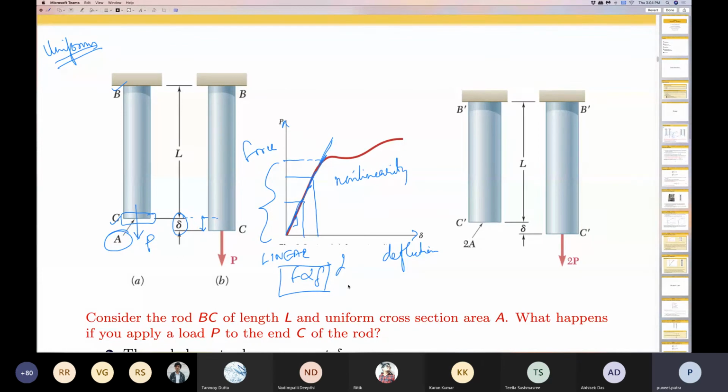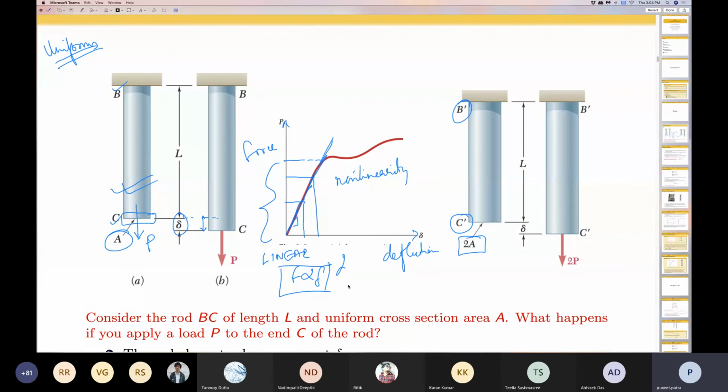For example, consider the bar shown over here on the right hand side. This bar, let it be called B dash C dash. Let this bar be made up of the same material as our bar shown on the left hand side, but let this bar have a cross-sectional area 2A.